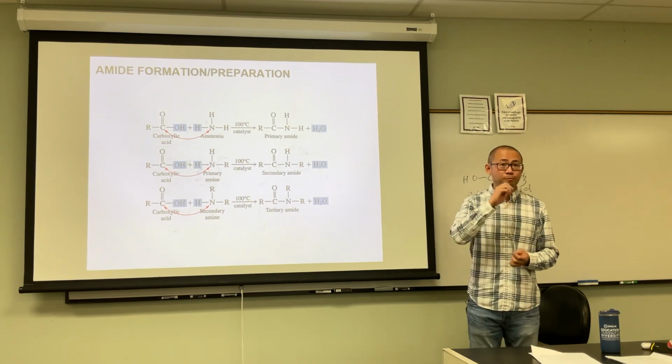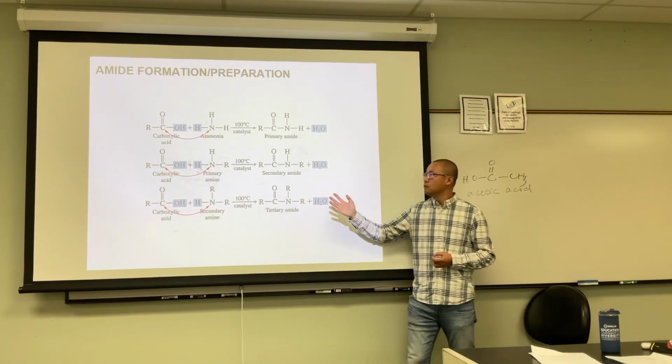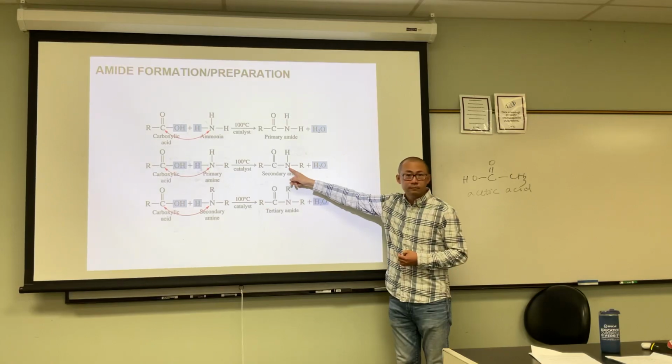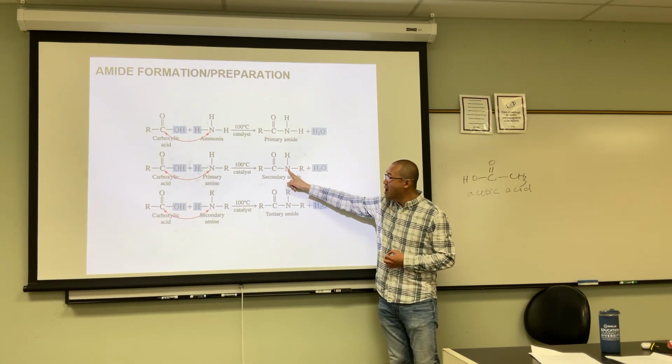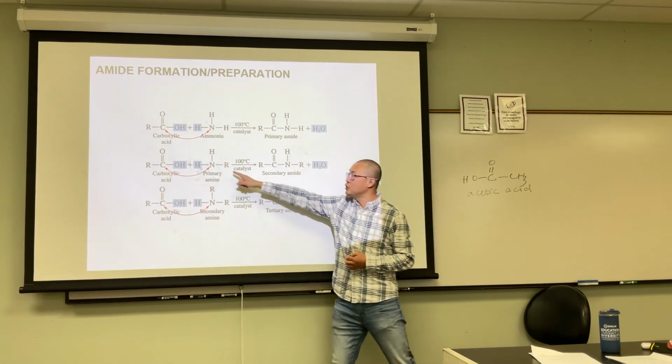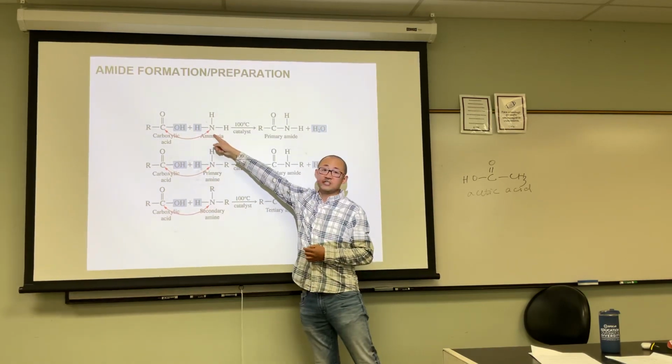First thing to notice here is the amide N will always have 1 less hydrogen than the original amine. Do you guys see that? This is not even an amine, this is ammonia.